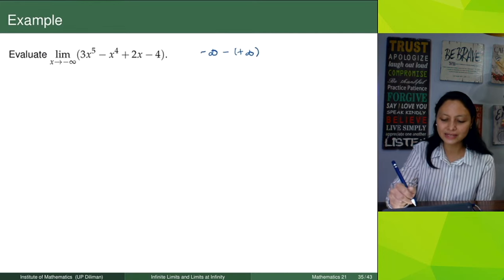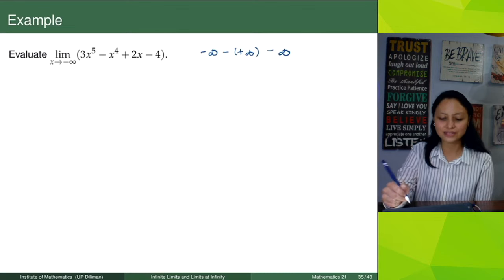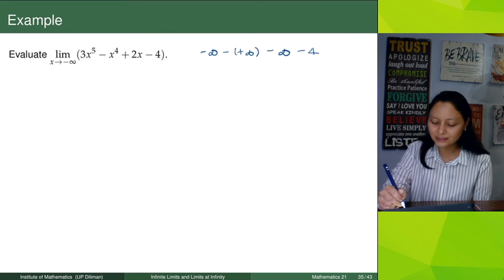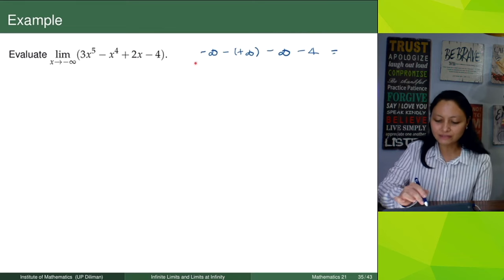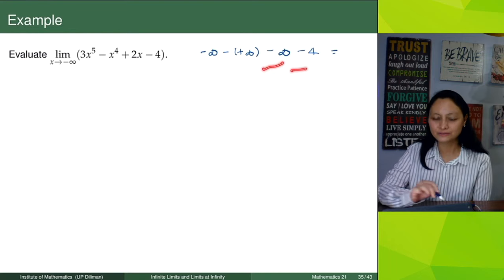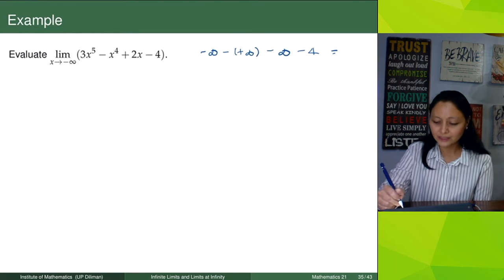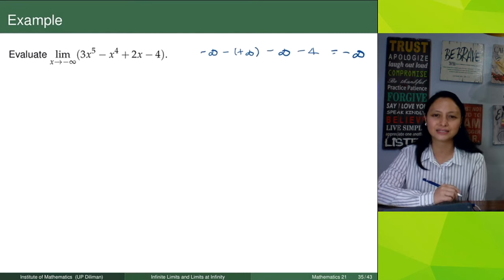Plus 2 times negative infinity, ilan yan? Negative infinity minus 4. Okay, actually, ito pala, we have negative infinity, minus infinity, minus infinity, minus 4. Ito, hindi siya indeterminate form. So, pwede nyo na actually isagot na negative infinity.